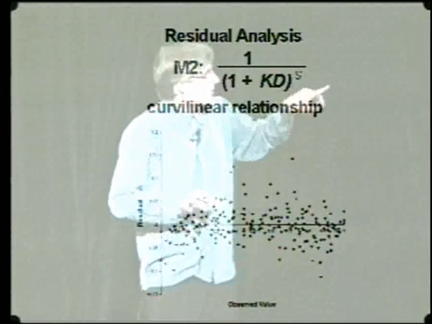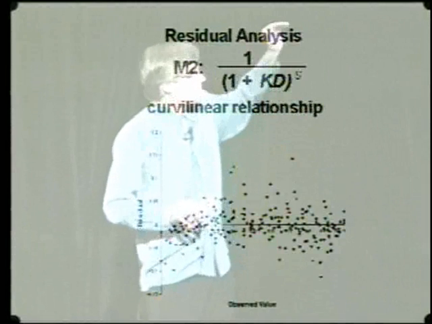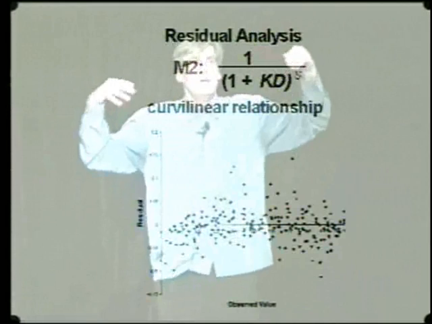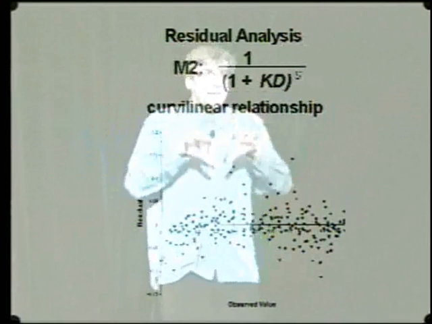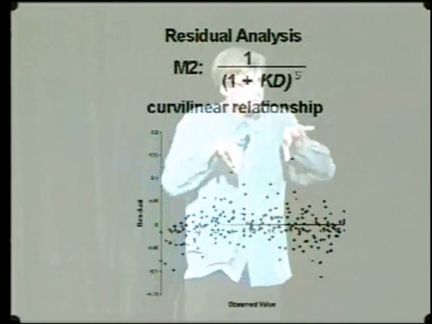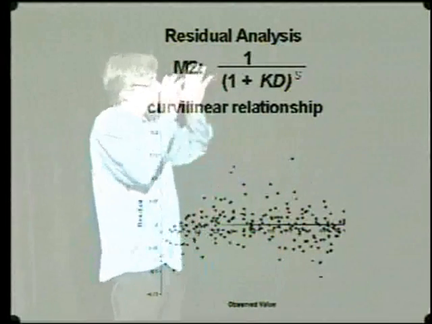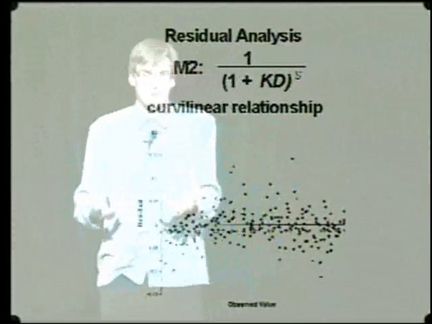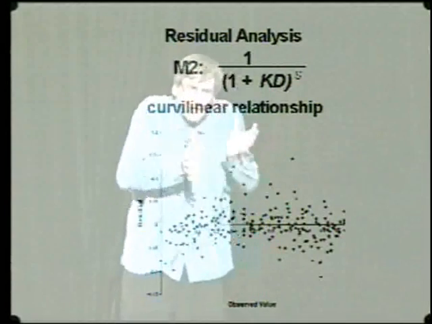And this particular pattern would mean that for low observed values and for high observed values, the generalized hyperbola is overpredicting, but for medium values, it's tending to underpredict. So it's a rather complex type of pattern, but the presence of anything non-random within the residuals is like a signal that there's something not quite right with the model.